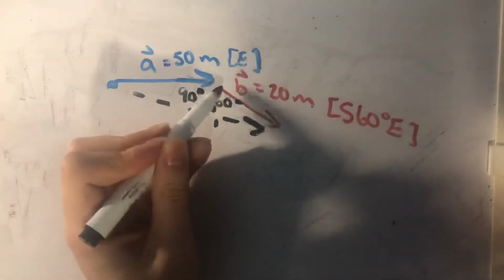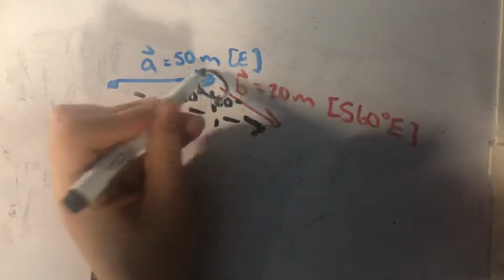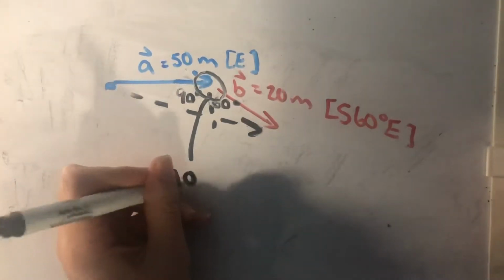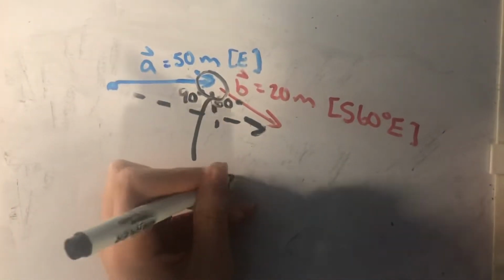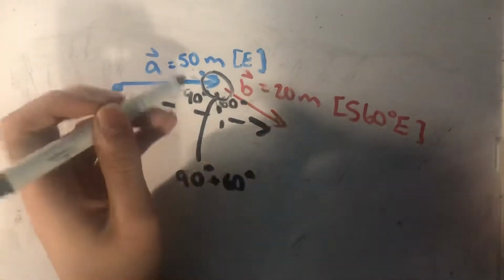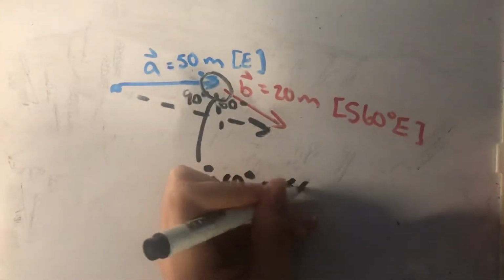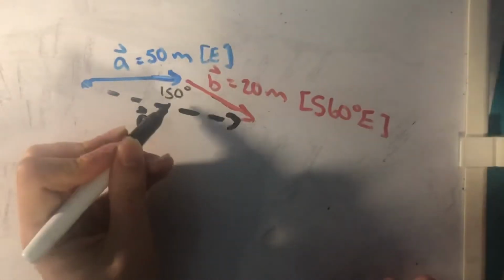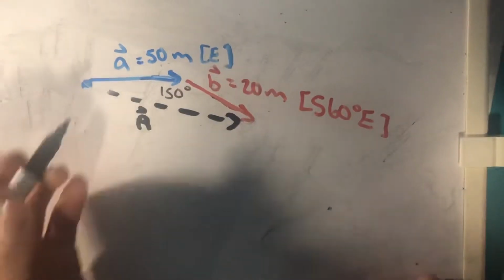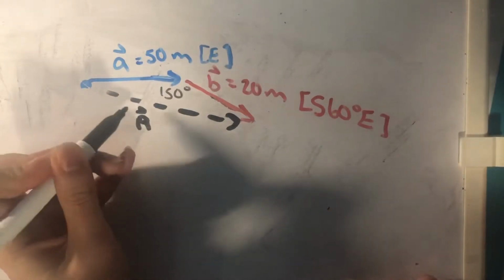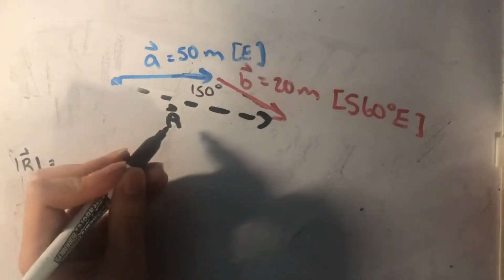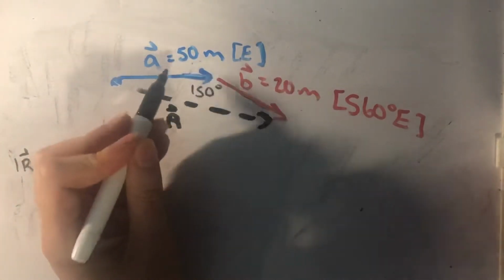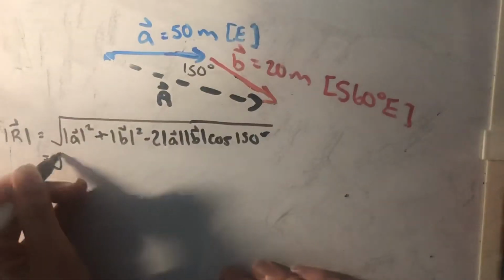So then we can find out our angle in this entire thing by adding 90 and 60, because those are the two angles that make up this, and we get 150. So 150 is our angle right here, and we need this 150 so we can use cosine law in order to find the magnitude of our resultant. Our resultant is opposite to this 150 degrees, so we can use these two angles to find A plus B.